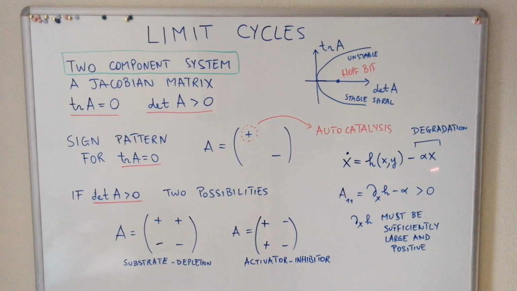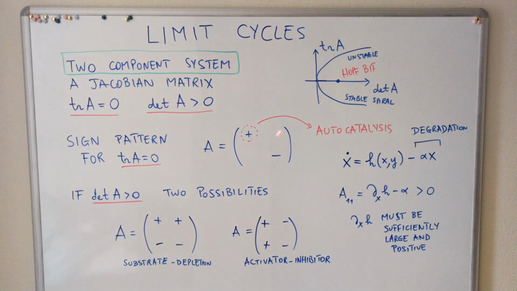The way I write this, I mean that there is a degradation term and there is a synthesis term. The synthesis term is typically positive and describes the reactions that are increasing the number of particles and so on. All right, so this is the sign pattern to have trace of A equal to 0.